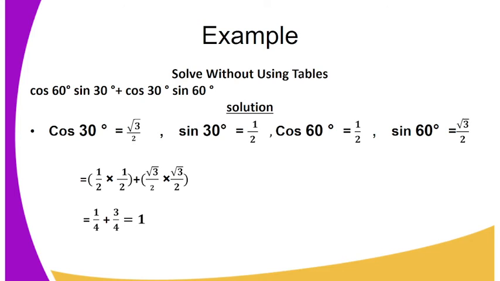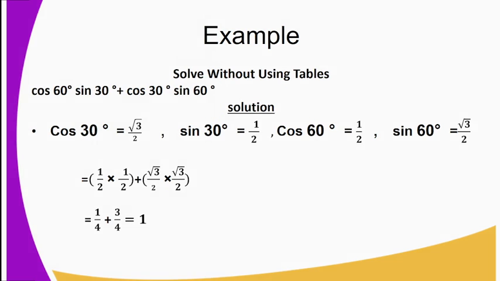So root 3 times root 3, you get 3. And 2 times 2, you get 4. So if we add 1 over 4 plus 3 over 4, we get 1. So from your calculator, you can confirm cos 60 times sin 30 plus cos 30 times sin 60. The answer is 1. So you have to remember.